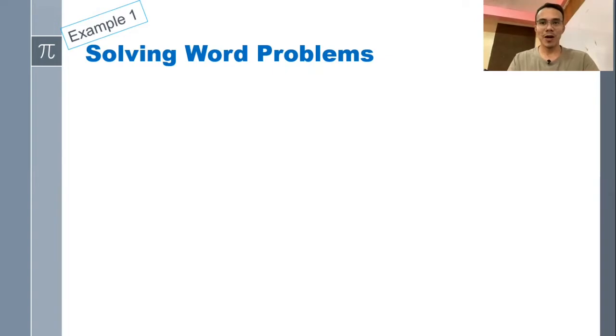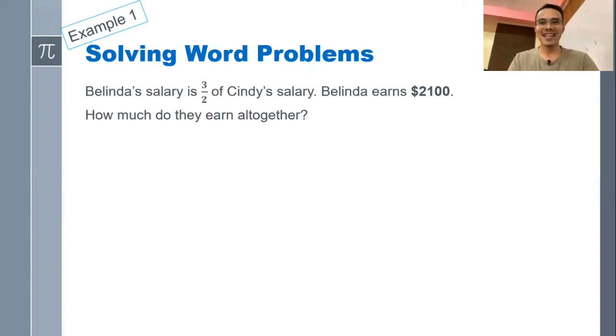And here's the problem. Belinda's salary is 3/2 of Cindy's salary. Belinda earns $2,100. How much do they earn altogether? There are 2 people involved in the problem, and the problem talks about the salaries of these 2 people. The question in the problem is, how much do they earn altogether?